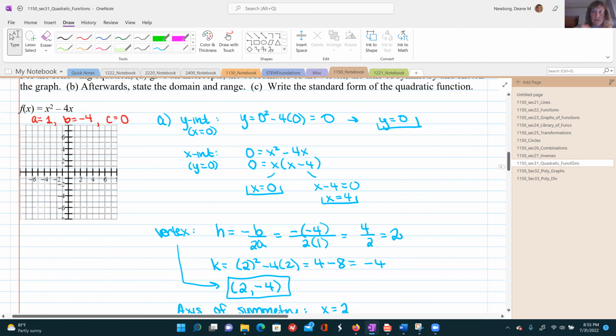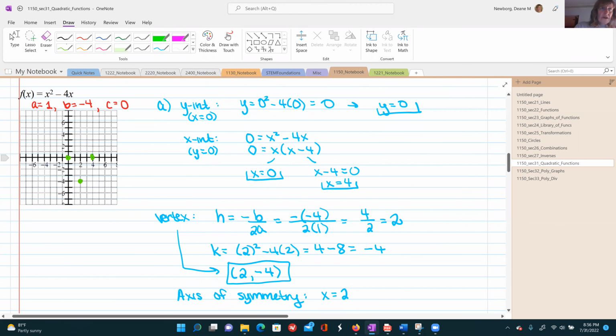So I'm just going to plot all the intercepts. The y-intercept was 0. The x-intercepts were 0, which I've already plotted, and 4. And the vertex is (2, -4).